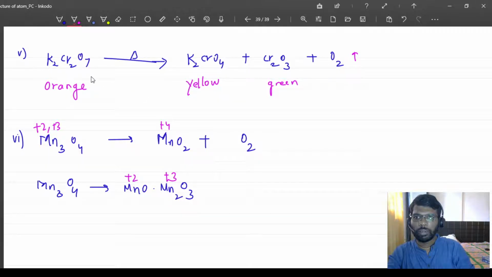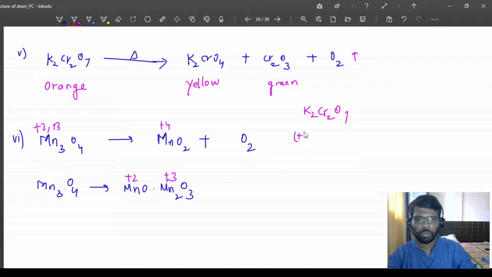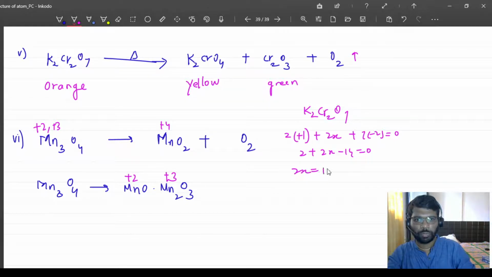In the same way, the oxidation state of chromium in K2Cr2O7: potassium is plus 1 into 2, 2x for the chromium, 7 into minus 2 is equal to 0. So 2 plus 2x minus 14 is equal to 0, so 2x is equal to 12 and x is equal to 6. Chromium is in plus 6 oxidation state.